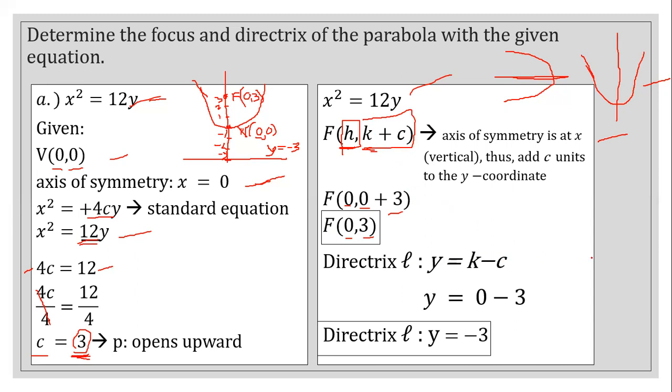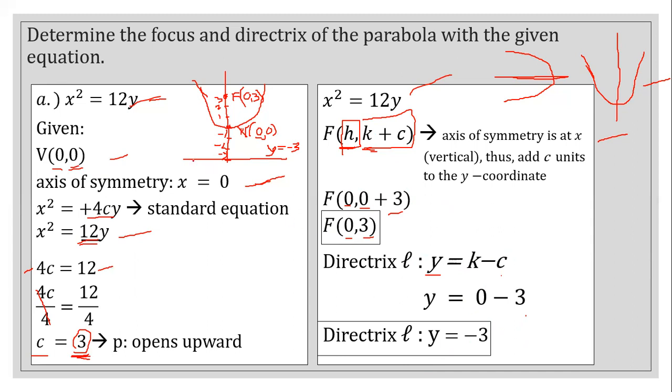Our directrix is horizontal, so y is equal to k minus c. So y is equal to 0 minus c, which is 3, so it is negative 3. Our directrix now is at y equal to negative 3.